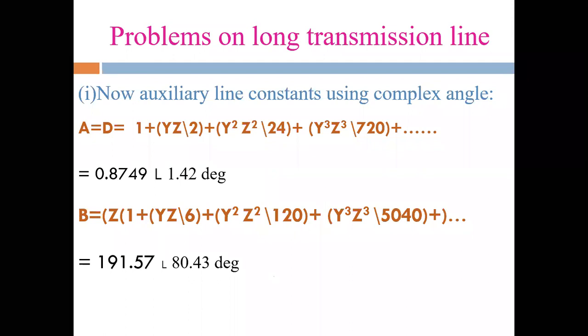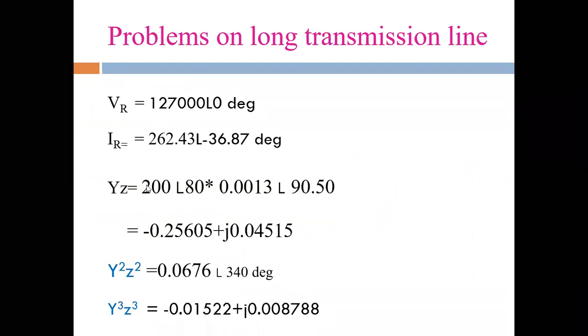The formula in the case of the complex angle method: A is equal to D is equal to 1 plus YZ by 2 plus Y square Z square by 24 plus Y cube Z cube by 720. While substituting the values, YZ is equal to minus 0.25605 plus J 0.04514.